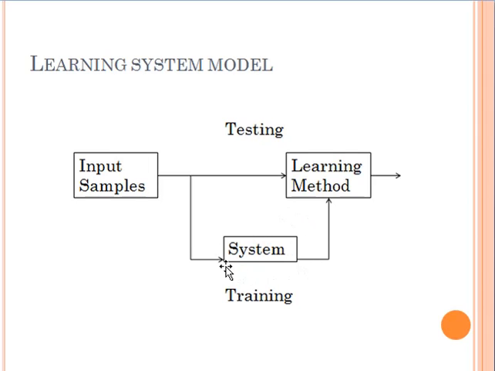Our system basically uses a learning method, and on the basis of that it performs its training. Once the system completes its training, we can provide some testing data to the trained system or model, and then we can see how good our algorithm performs on the test data.